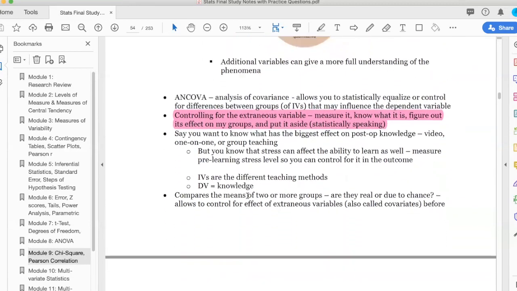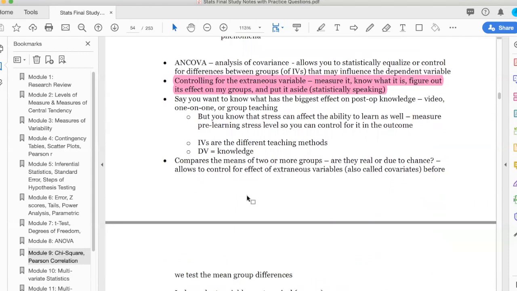Whew. So let's talk about ANCOVA. This is what we do when we know that there is an extraneous variable in our study and we want to name it, figure out how much it's affecting the groups and put it aside. Say you want to know what has the biggest effect on post-op knowledge.